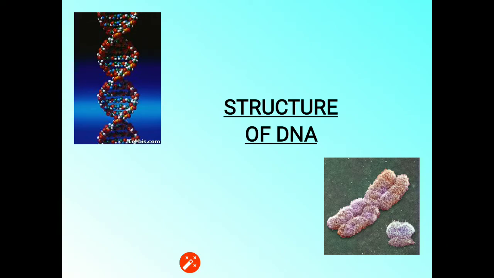DNA forms chromatin threads and chromatin threads condense to form chromosome at the time of cell division. Each chromosome has two chromatid arms, which are called sister chromatids, and both the chromatid arms are held together by a constriction called centromere.